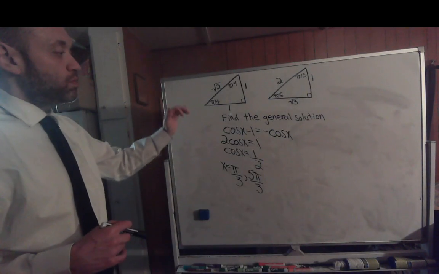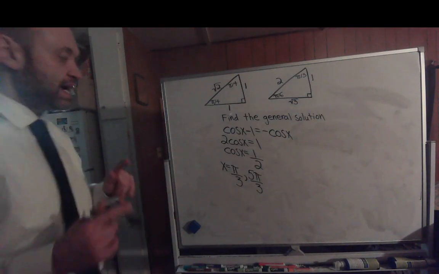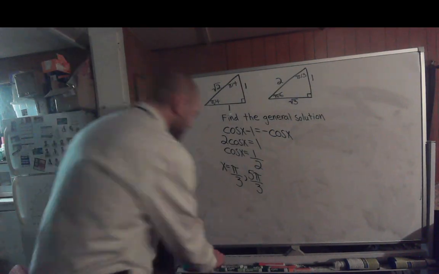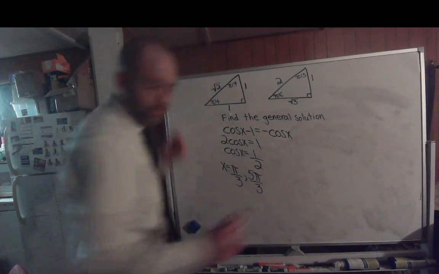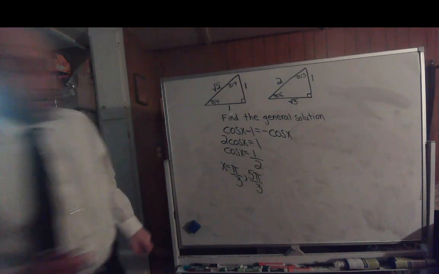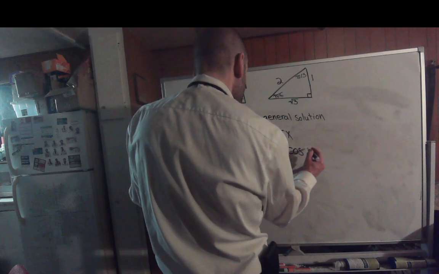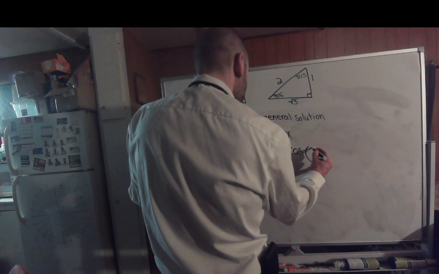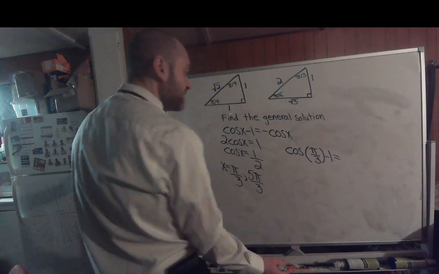And we know, let's check and see what we get for our solutions, if we have any extraneous solutions. So let's take the cosine of pi over 3 minus 1, set that equal to the negative cosine of pi over 3.